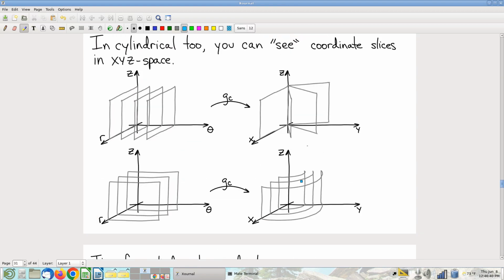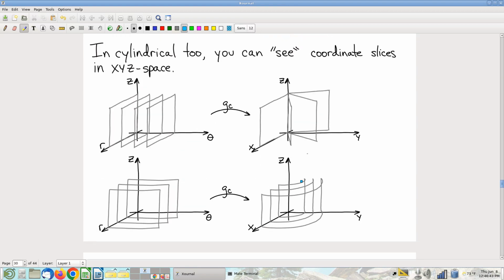I will start by pointing out, though, that again, you don't have to really draw the pullback. Again, you can just see what the slices look like in the XYZ space, right? So for example, perpendicular to the theta axis, here's what theta slices look like. Well, constant values of theta, I can draw that in XYZ space. Here's what a constant value of theta looks like.